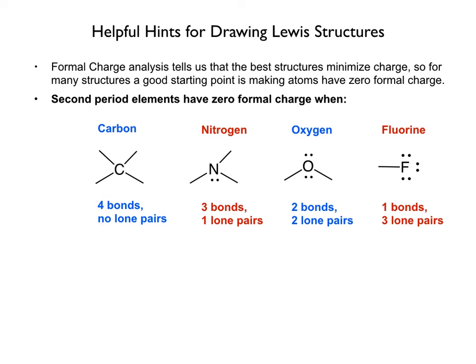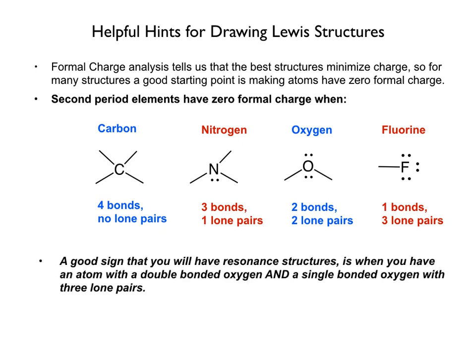Carbon will have 0 formal charge when it has 4 covalent bonds. Nitrogen has 0 formal charge when it has 3 bonds, 1 lone pair. Oxygen, 2 bonds, 2 lone pairs. And fluorine, 1 bond and 3 lone pairs. That can be helpful because a good starting point in any structure is trying to minimize the amount of formal charge.